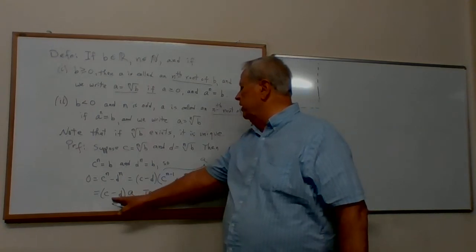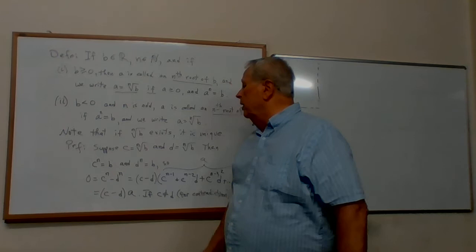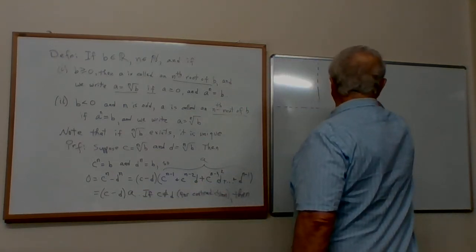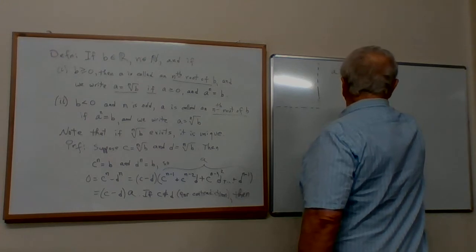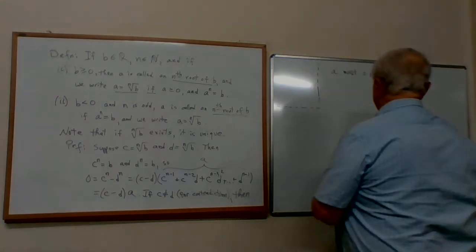Well, if C minus D is not zero, but these two things multiplied together are zero, then A must be zero. So A must equal zero. Okay?